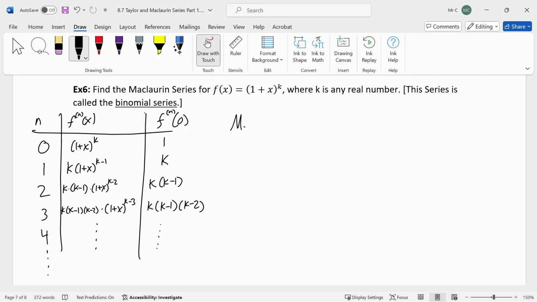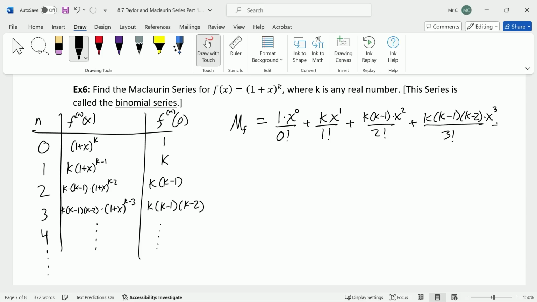So when we long form write out our Maclaurin series, we get 1 times x to the 0 over 0 factorial plus k times x to the first power over 1 factorial plus k times k minus 1 times x squared over 2 factorial plus k times k minus 1 times k minus 2 times x cubed over 3 factorial plus so forth and so on.